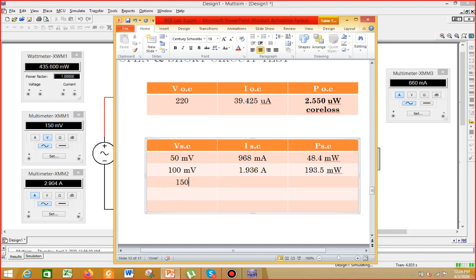So 150 millivolts and 2.904 amps, 435.6 milliwatts.